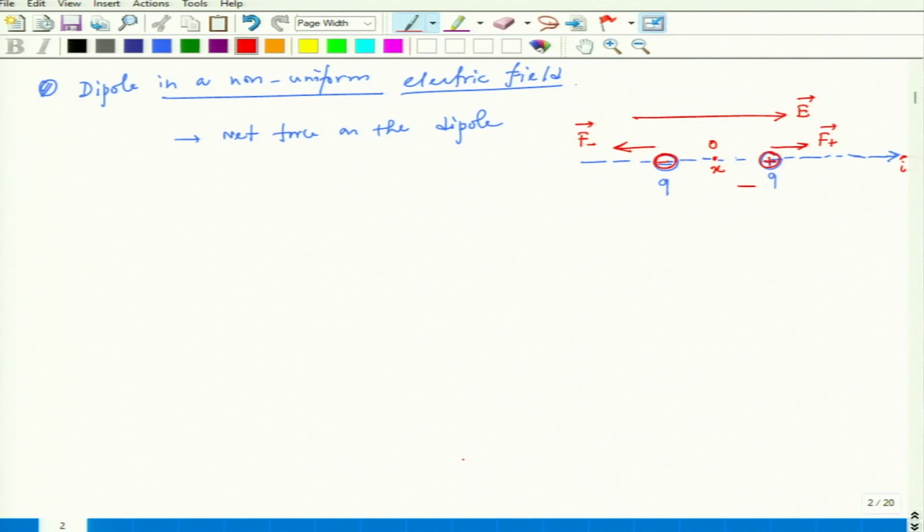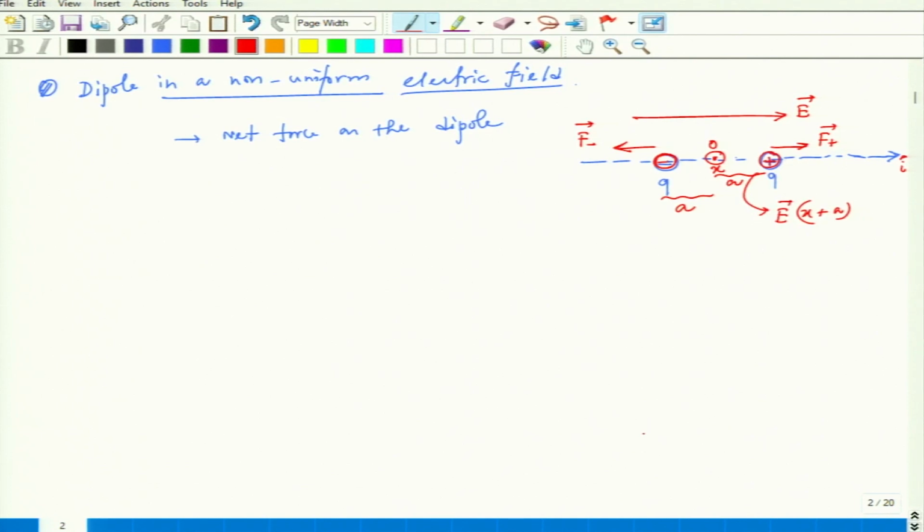Let us say this distance is a, and this is the point x. The plus q charge is placed at a distance a from x, and the minus q charge is also at distance a.